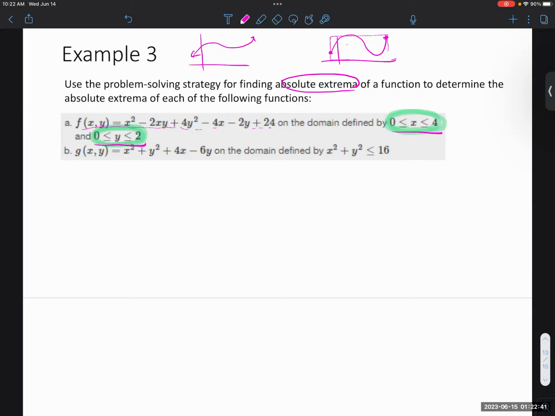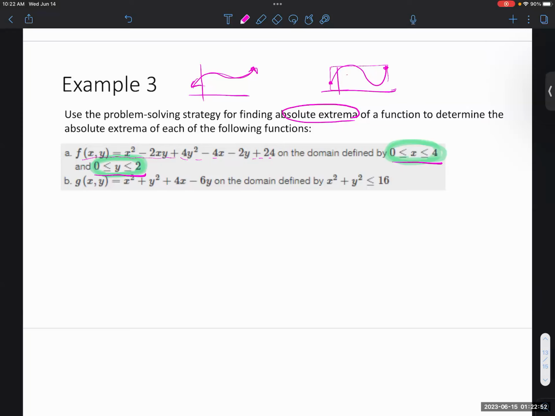That's the difference from finding local max and min. Local max and min can always be found, even with a continuous function. Think about it: this function keeps going forever, but we know this is a local max and local min because there's always going to be another higher point and lower point.